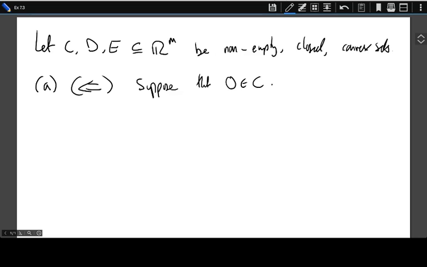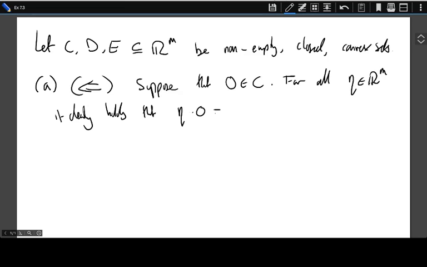Suppose that naught is an element of C. For all vectors eta in Rm, it clearly holds that eta product with naught, the zero vector, is equal to naught.